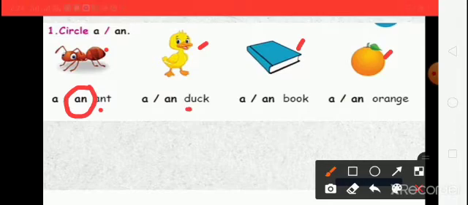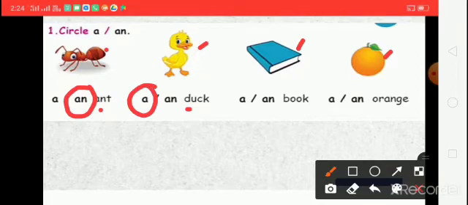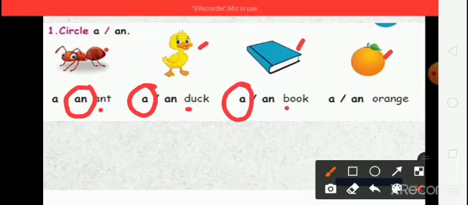Consonant sound. So you circle a. Next one, book. Consonant sound. So you circle a. Next one, orange. Vowel sound. So you circle an.